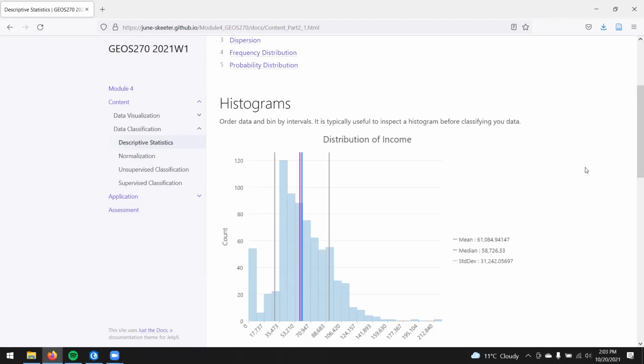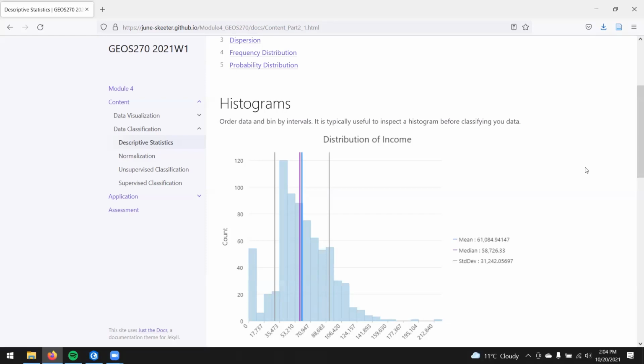So before you ever start classifying your data, it's important to look at it to see what the distribution is. In Module 3, I had you look at the histogram of the NDVI values, and you could see clearly on it where the water was at one peak, and then the other tail was the more green vegetation.